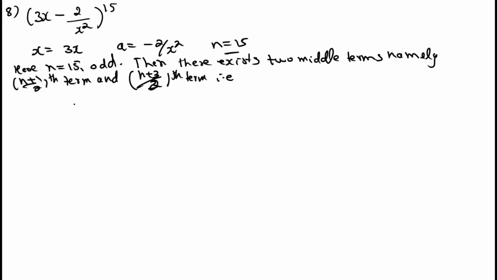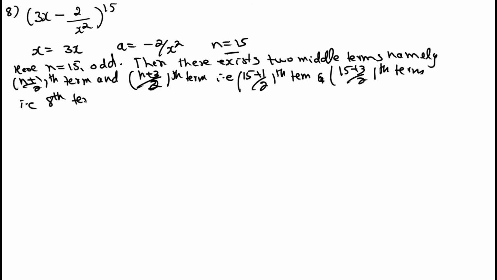That is (15 plus 1) by 2th term and (15 plus 3) divided by 2th term. Okay, now simplify this. 15 plus 1 is 16 by 2, the 8th term, and 15 plus 3 equals 18 by 2, the 9th term. The 8th term and 9th term are the middle terms.